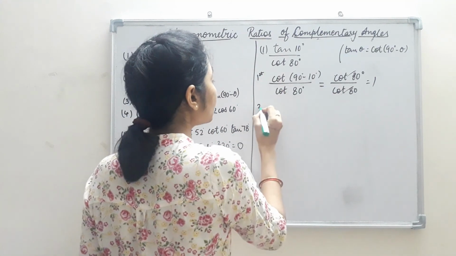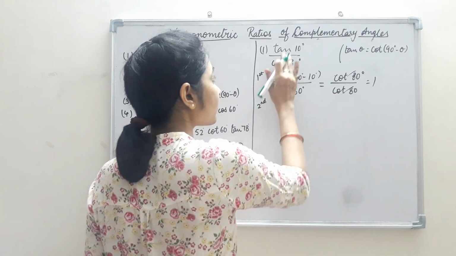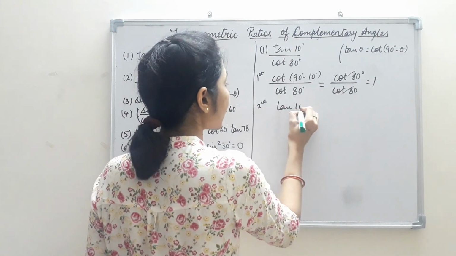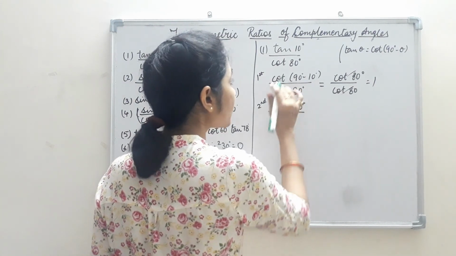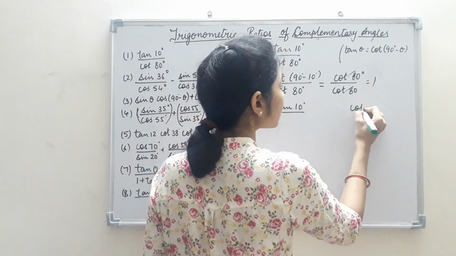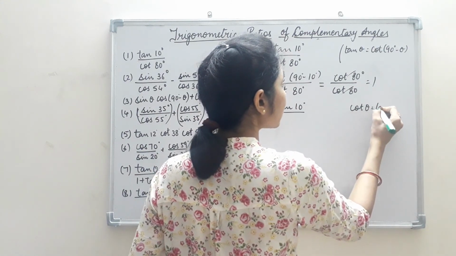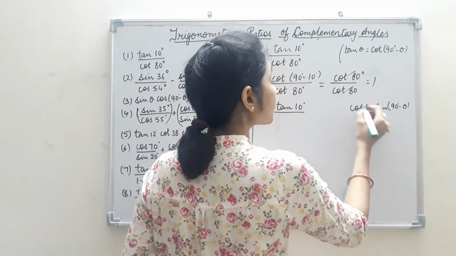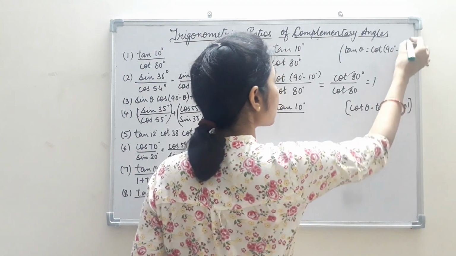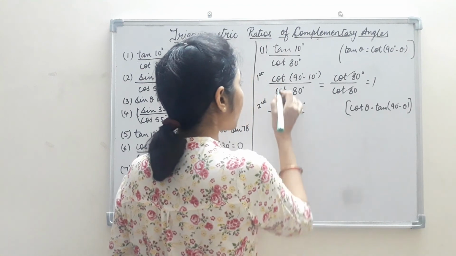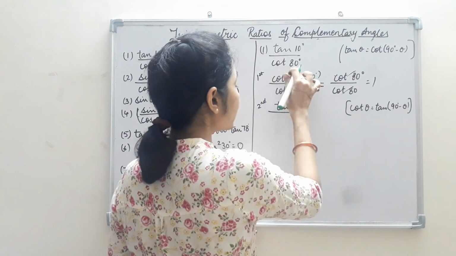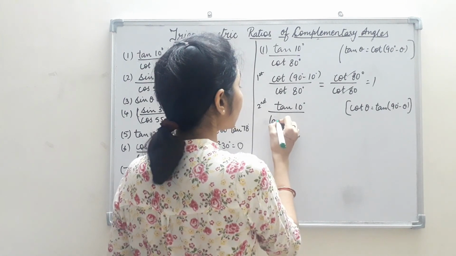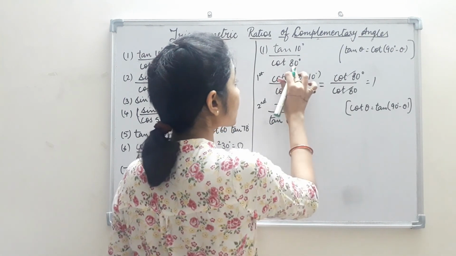In the second method, I change cot but I don't change tan. So tan 10 degree remains as it is, and cot changes into tan: we know that cot theta is also equal to tan 90 minus theta. So this cot 80 degree I will change into tan of 90 minus, what is theta here? 80.